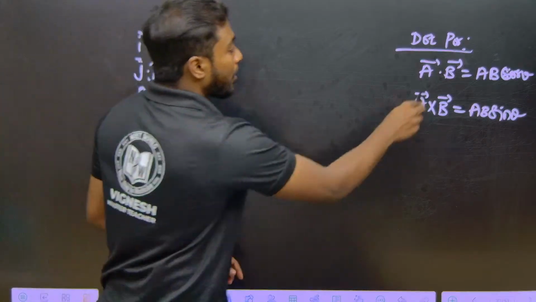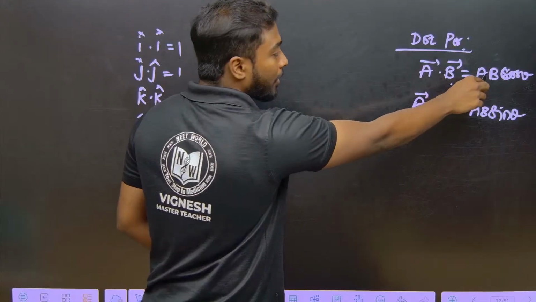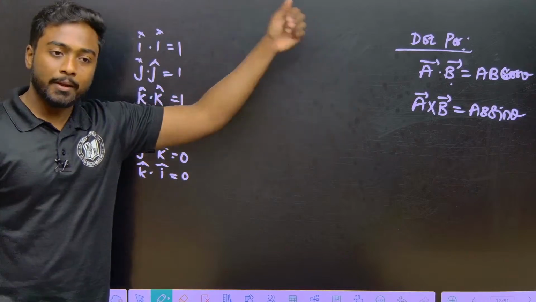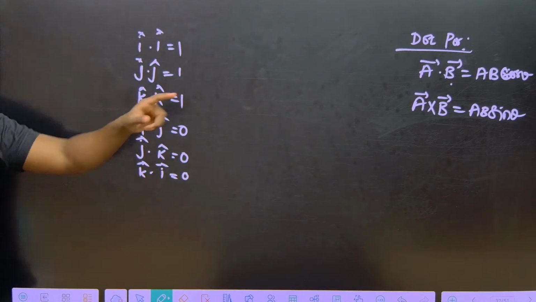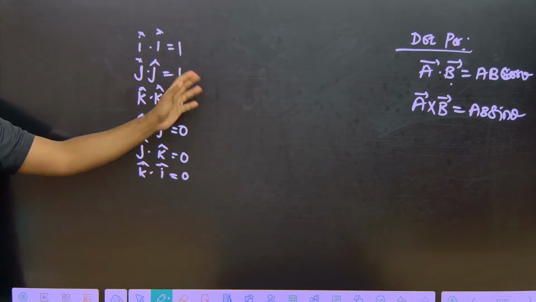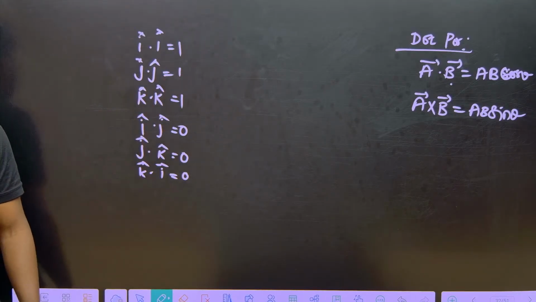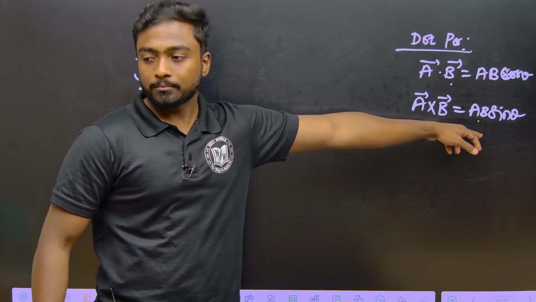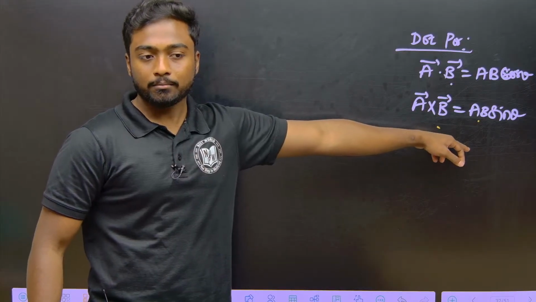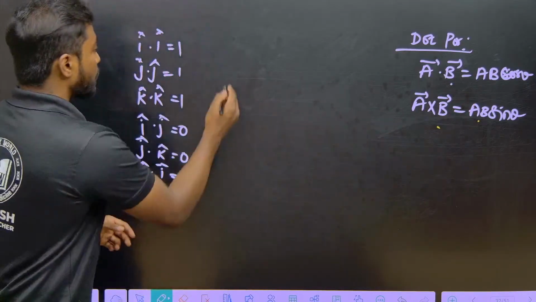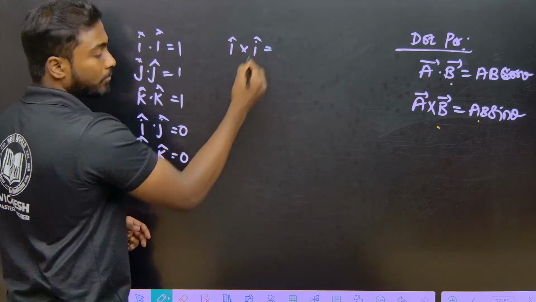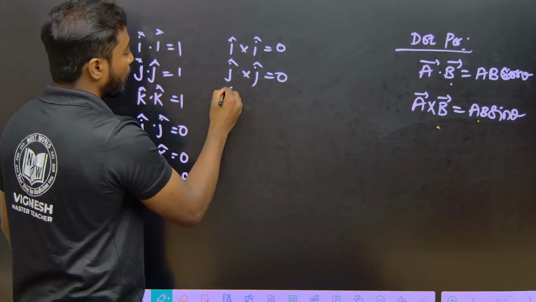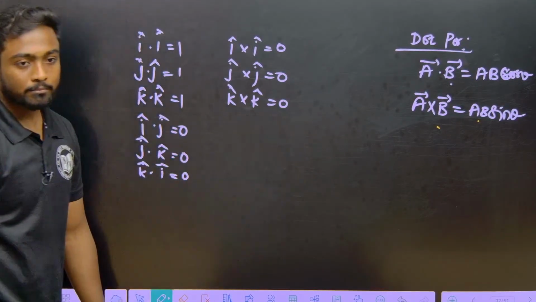If I consider cross, the angle between them is 0, sin 0 is 0. So i cross i will be 0, j cross j will be 0, k cross k will be 0.